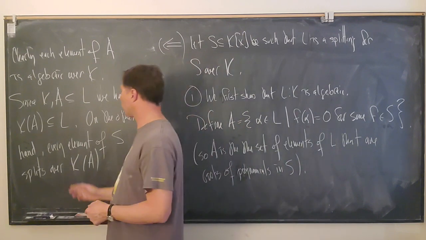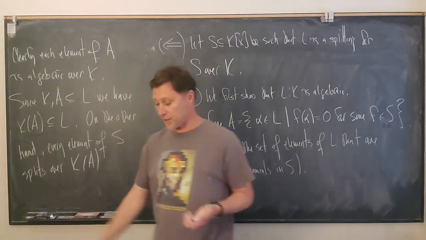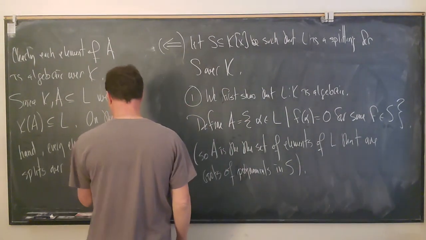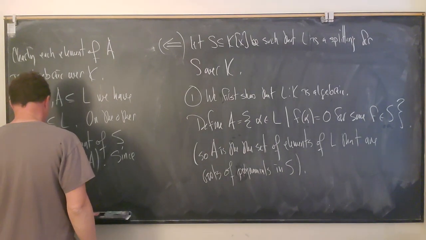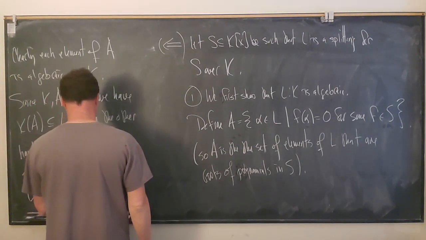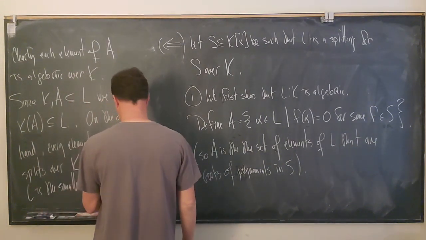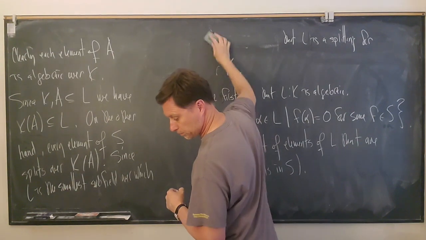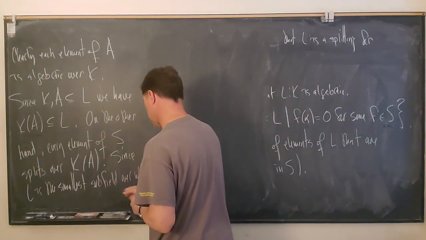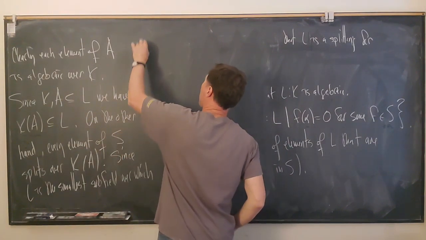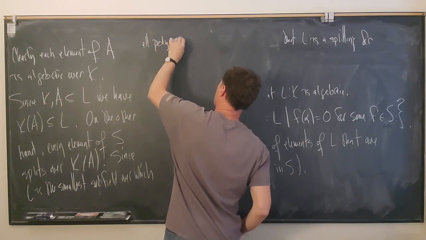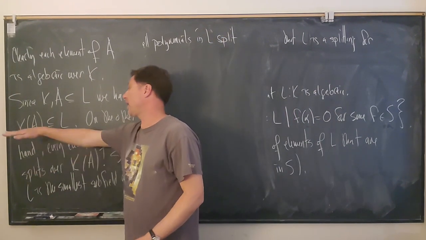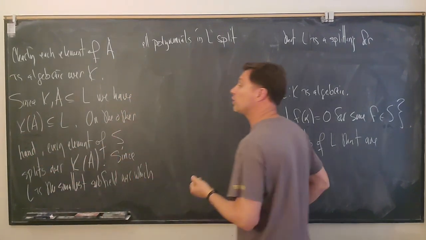All the roots of every polynomial in S live in this field, so it definitely splits in K adjoin A bracket X. And now, since L is the smallest subfield over which everybody in S splits, we could not have proper containment here, otherwise we'd have K adjoin A being strictly smaller, right? And so that forces us to conclude that L is equal to K adjoin A.